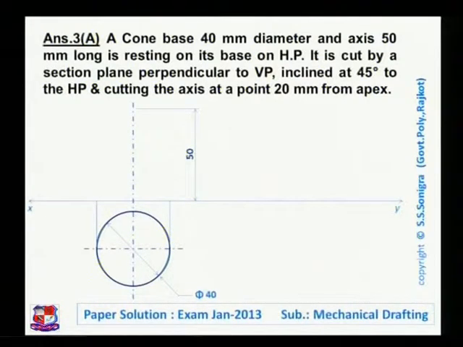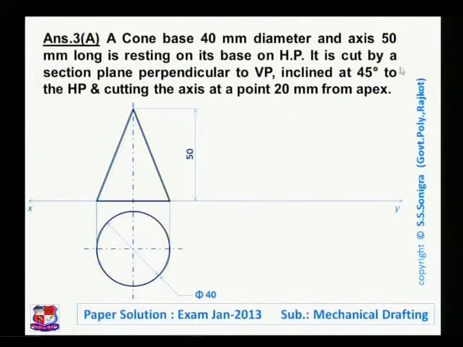Height is given as 50 mm. So on the axis mark a point at a distance of 50 mm from the XY line and draw its front view, which is a triangle. So join this apex point with these two ends, so it's a triangle. Hence we have drawn the first part of the given problem, that is front view and top view.